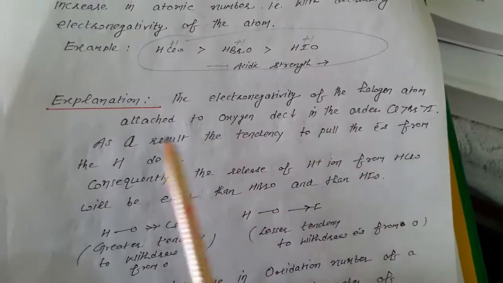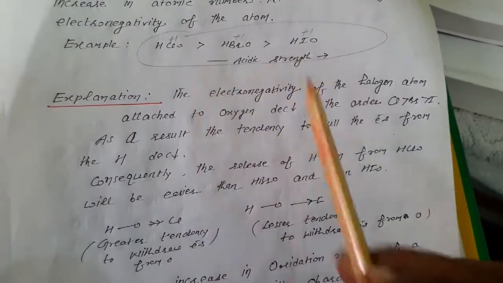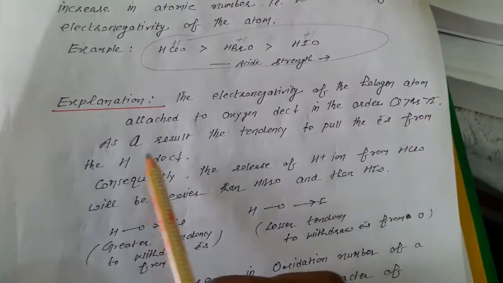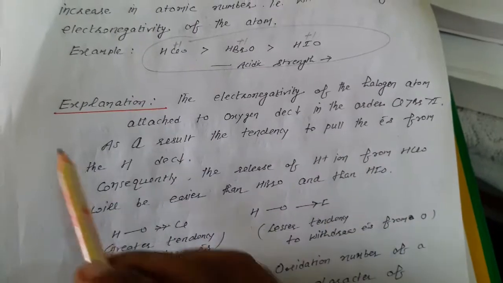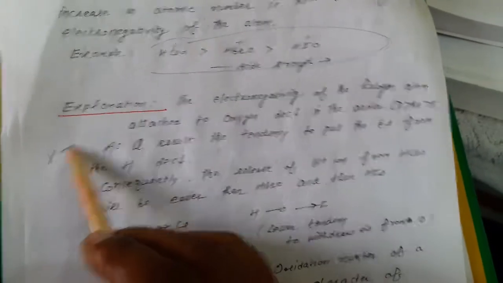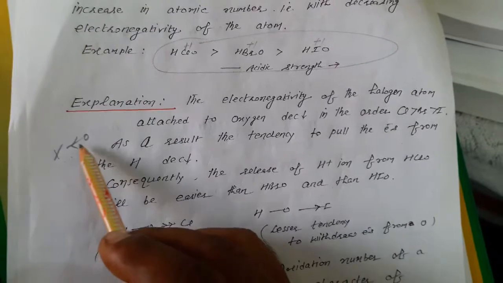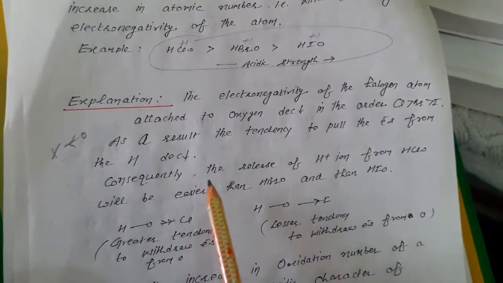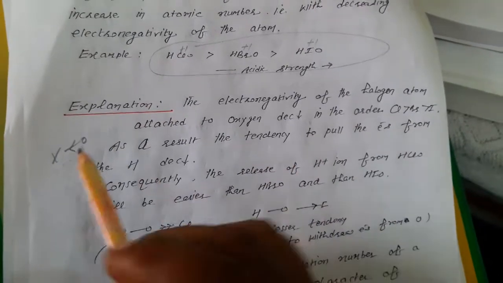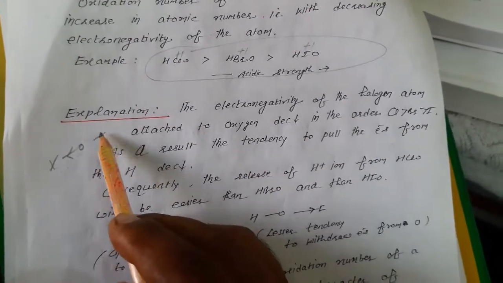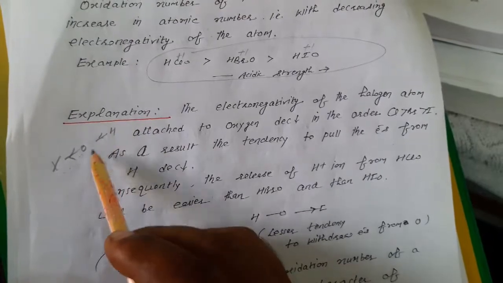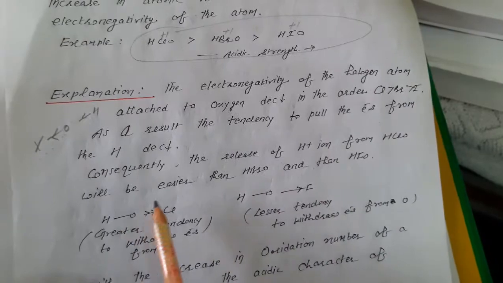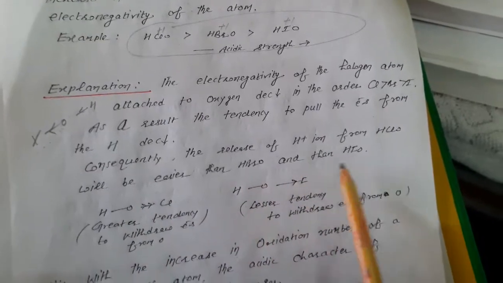The electronegativity of the halogen atom attached to oxygen decreases in the order chlorine, then bromine, then iodine. As a result, the tendency to pull the electrons from hydrogen decreases. That means the tendency of attracting the shared pair of electrons from the hydrogen will decrease. Consequently, the release of hydrogen ions from HClO will be easier than from HBrO, than from HIO.